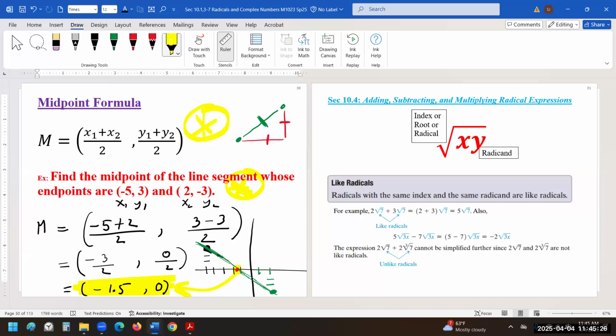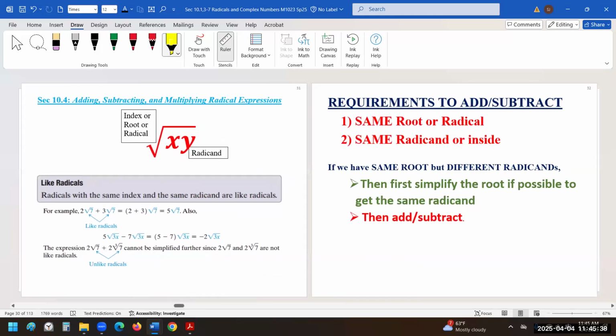If one of them is not the same, you cannot combine them. In order to combine, they all have to have the same radical symbol and the same radicand inside. This is what I have written here. As long as you have the same radical with the same radicand, then you add or subtract their coefficients.